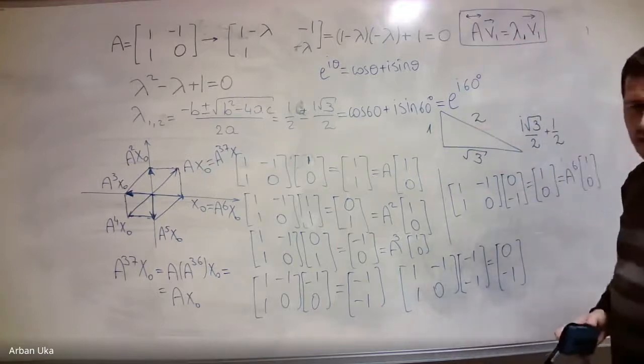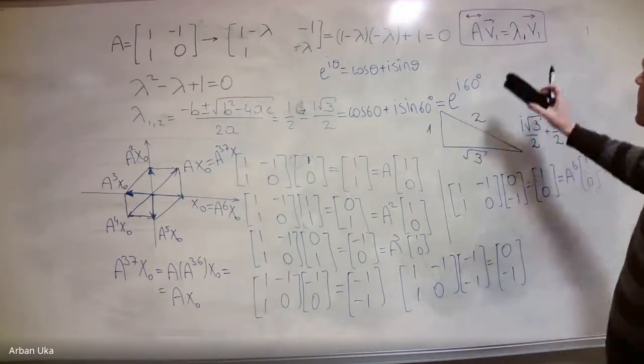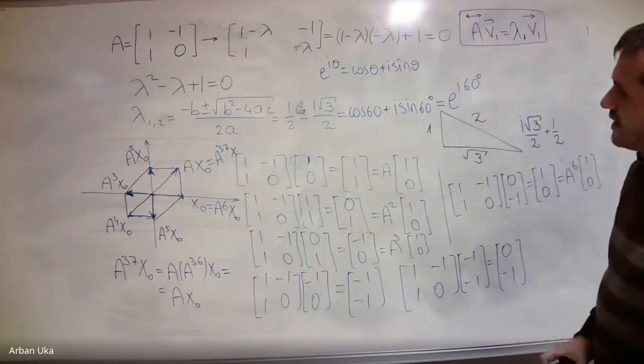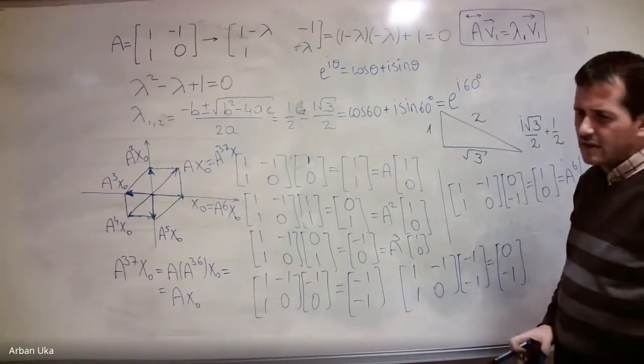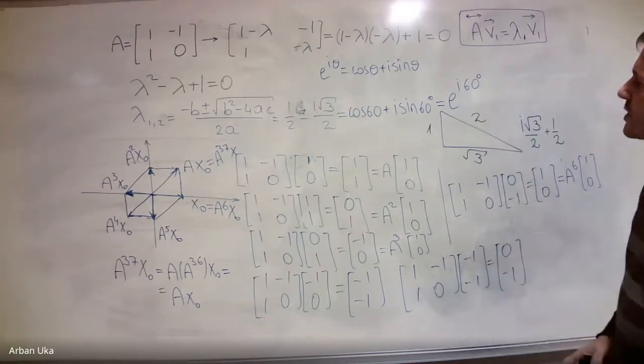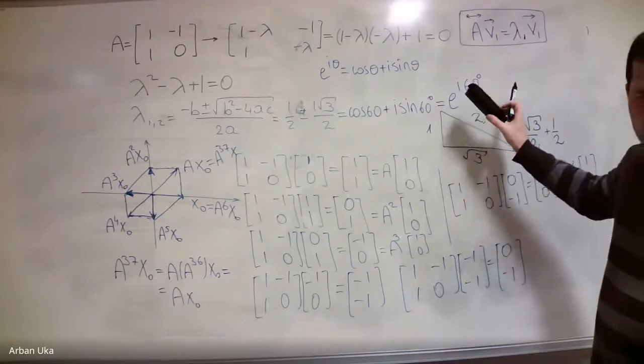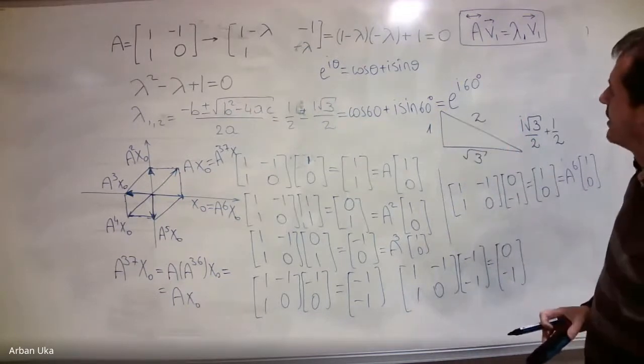Now, this might be a little tricky because the multiplication of this might not be in the real domain. This could be in the complex domain, but this is something you can have a look at as homework.